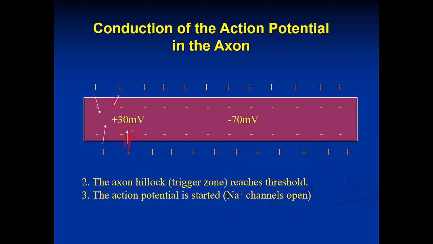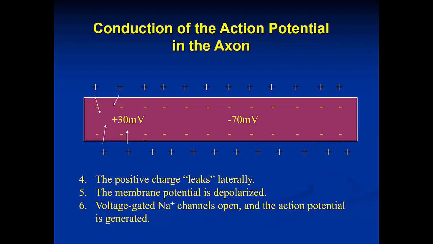Okay, so that sodium is going to come in and it's going to move laterally a little bit. Now think for a second, what happens to the membrane potential here, which is say minus 70, when positive charges accumulate on the inside? That's right, it's going to get depolarized. Okay, so as that charge leaks laterally, it's going to depolarize.